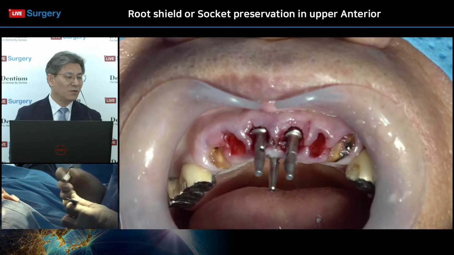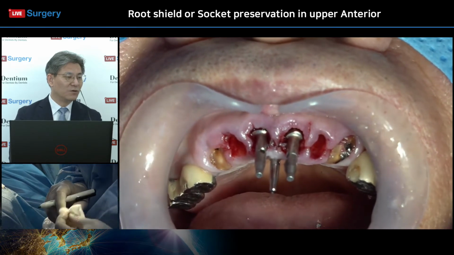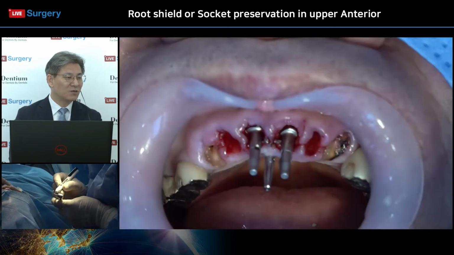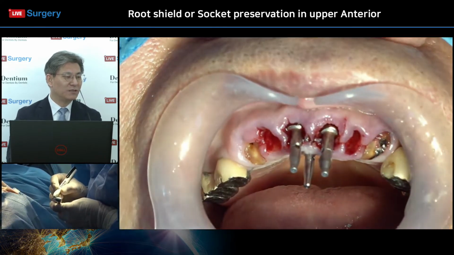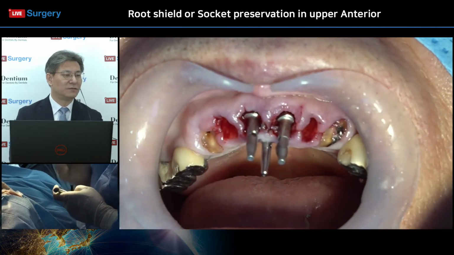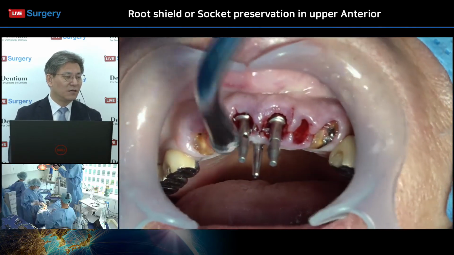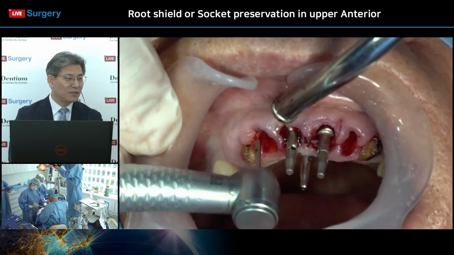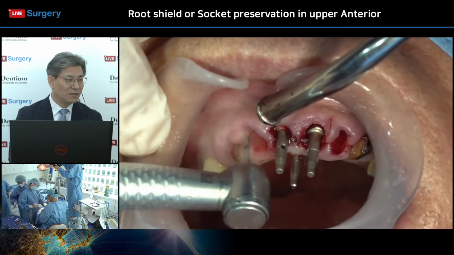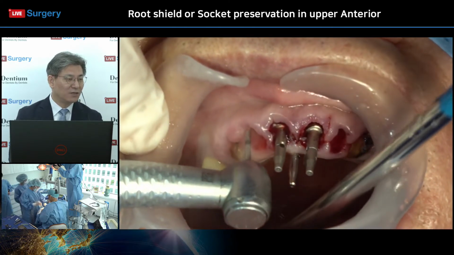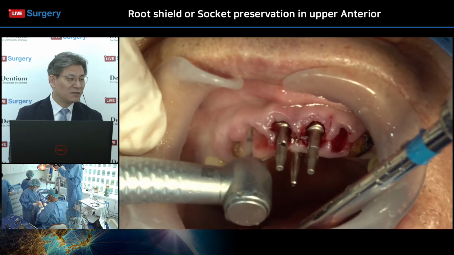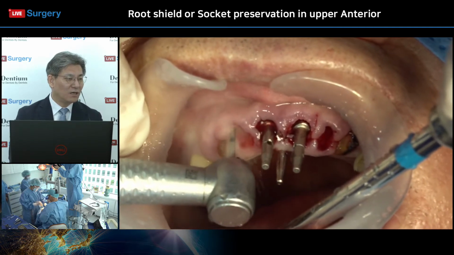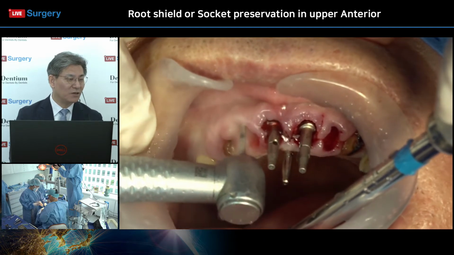So he wants to remove all the remnant of the tooth root and only leave 3 millimeters. He wants to leave 3 millimeters here. So he used an undercutting bar. This one has a specialized design. It only removes the top portion of the remnant of the tooth root.